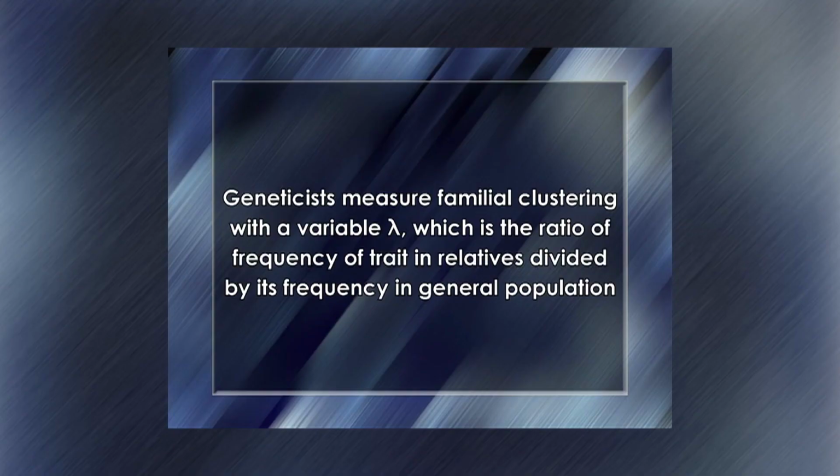There are many lines of evidence that support the contribution of genes towards the determination of multifactorial traits. Geneticists measure familial clustering with a variable lambda, which is the ratio of the frequency of the trait in relatives divided by its frequency in the general population.